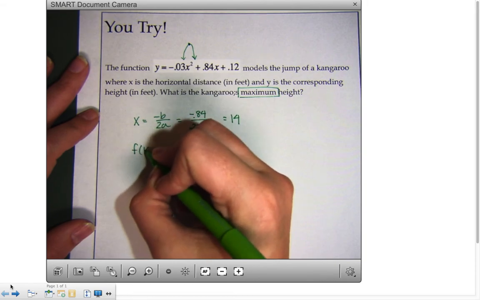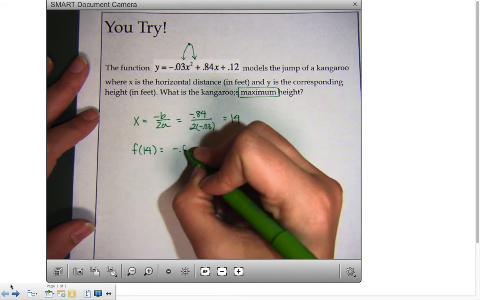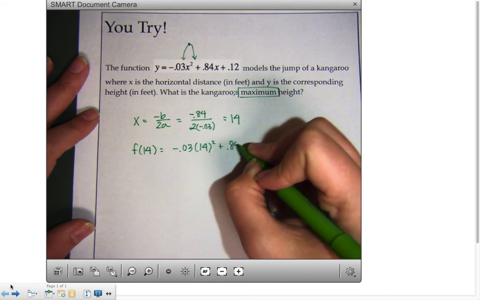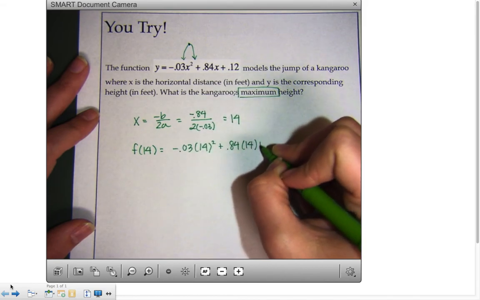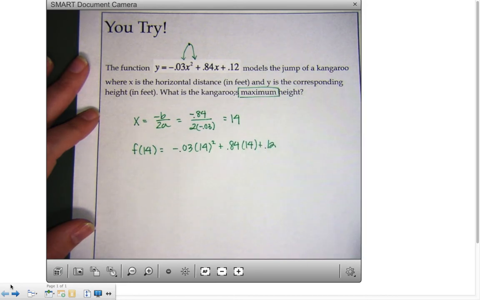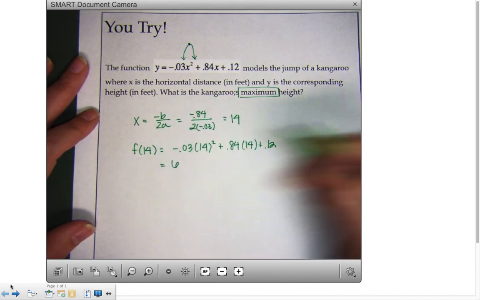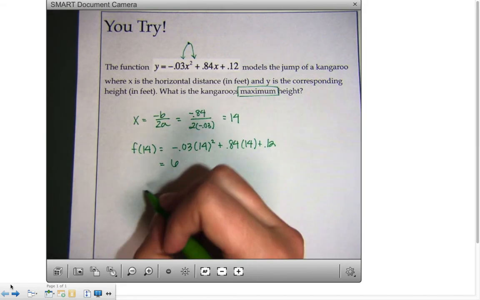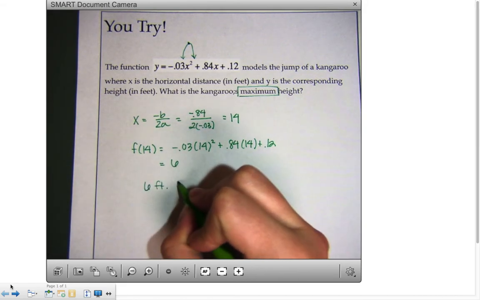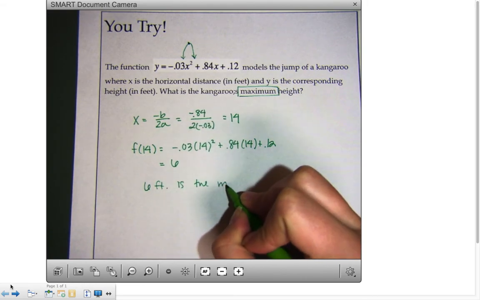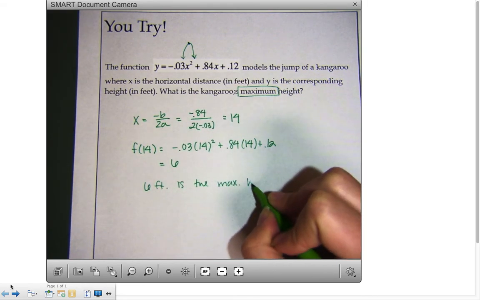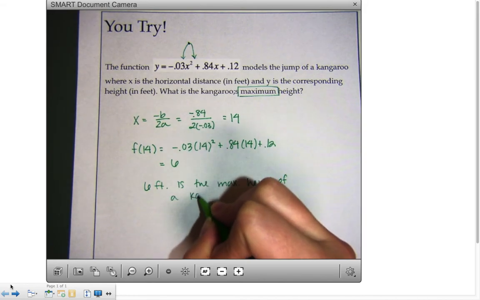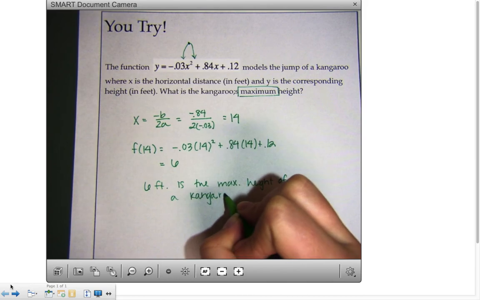F of 14 is 6. So that means that 6 feet is the maximum height of a kangaroo's jump.